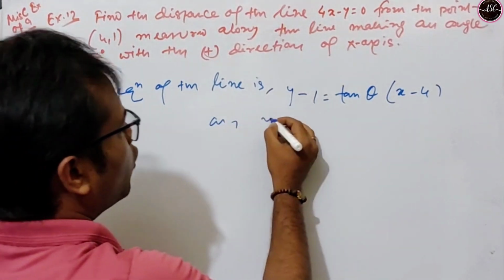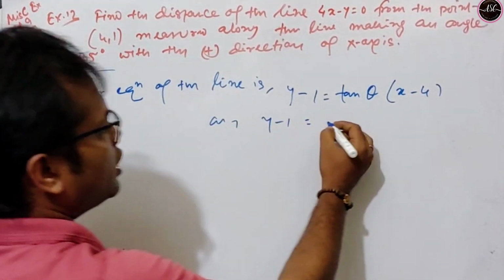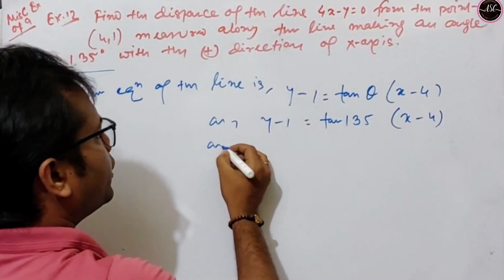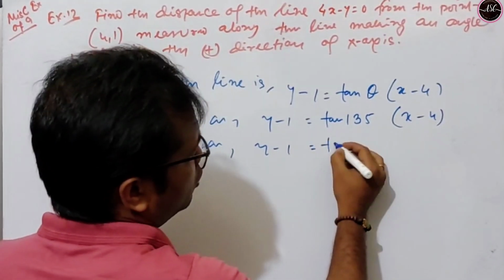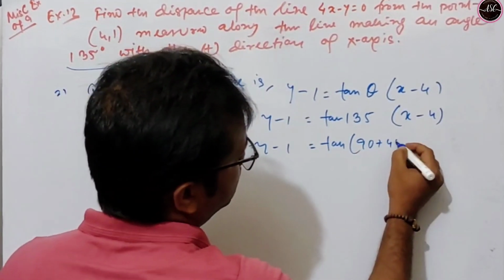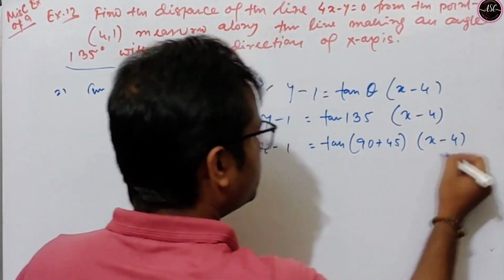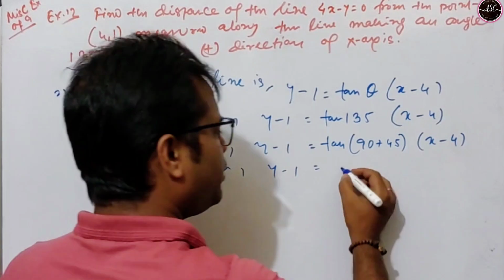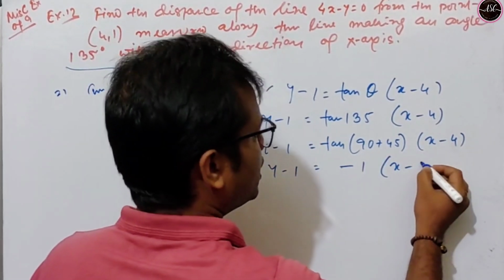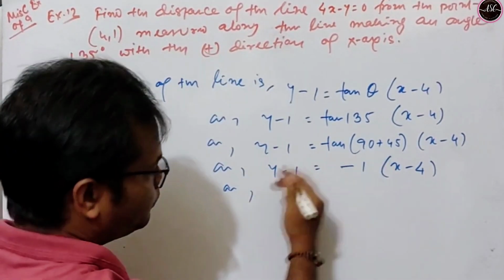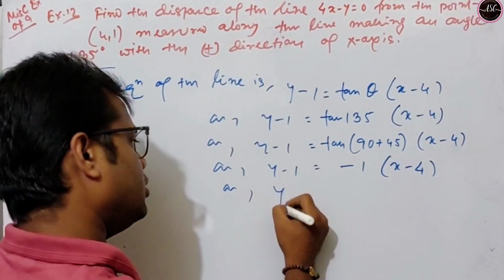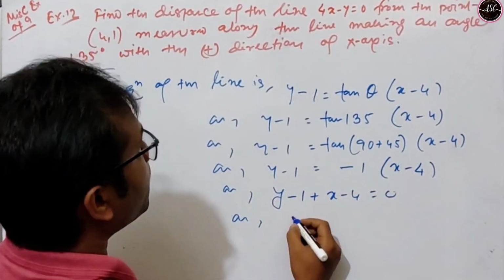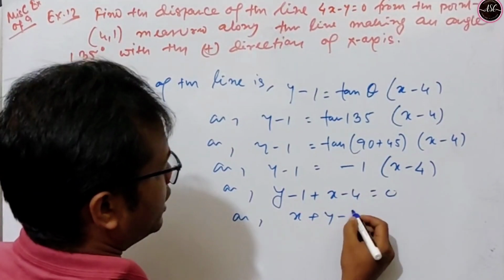Or y minus 1 equal to tan 135 into x minus 4. Tan 135 equal to tan 90 plus 45, which equals minus cot 45, that means minus 1, into x minus 4. Moving this part to this side, we get y minus 1 plus x minus 4 equal to 0, or x plus y minus 5 equal to 0.